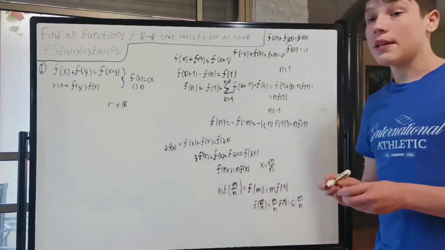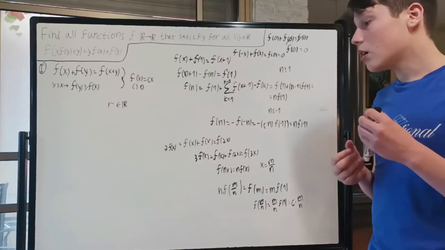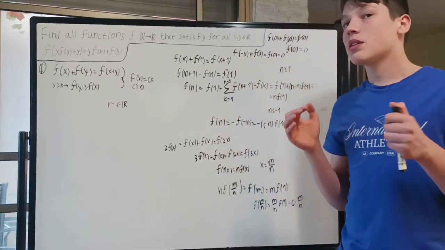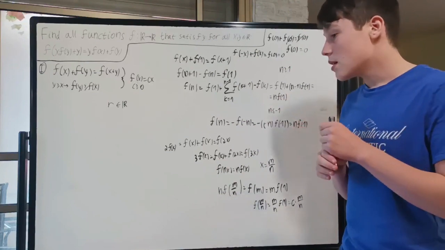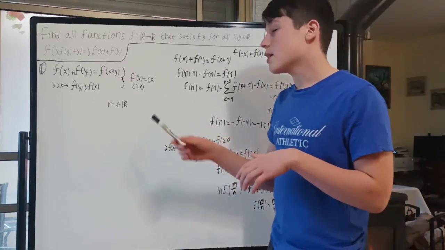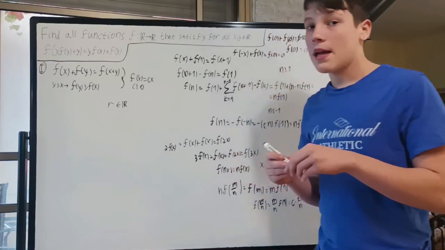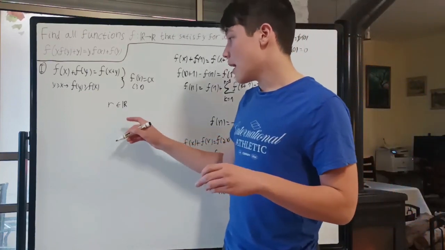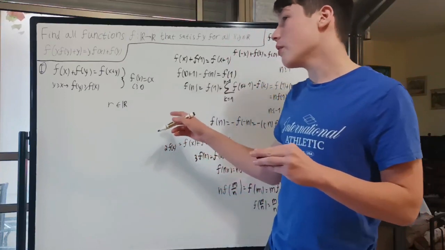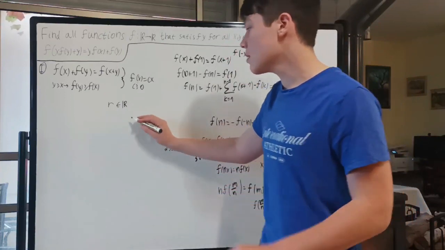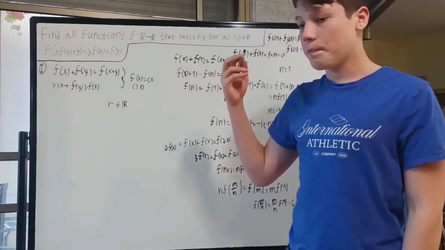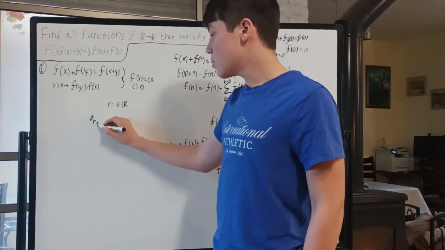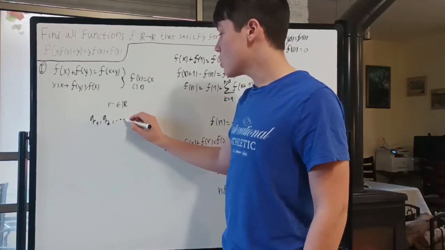We know that the rational numbers are, I believe it's called a dense set inside the set of R, which means that for any number R, there is a series of rational numbers Q1, Q2, and so forth.